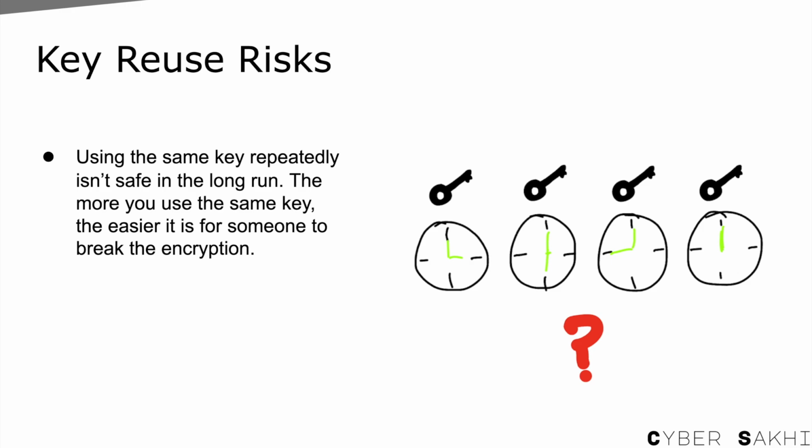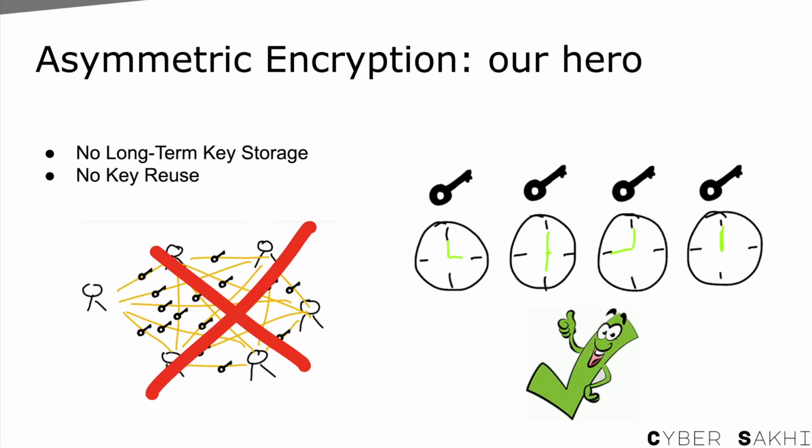By using it to exchange session keys, temporary, short usage symmetric keys unique to each communication session, we tackle multiple issues. No long term key storage: there is no need to store keys long term, so we eliminate the headache of managing those 1225 keys for 50 members.